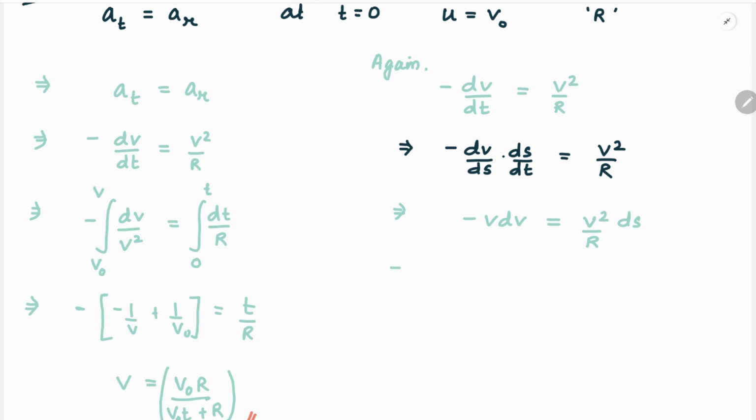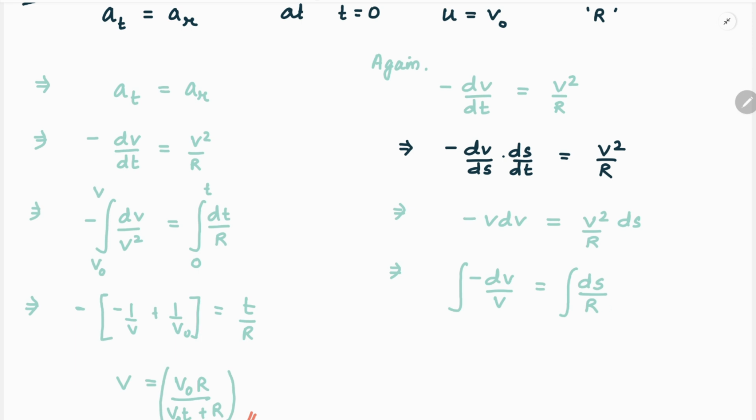So if we divide by v square, then we get minus dv by v equals ds by r, and then integrating both sides.